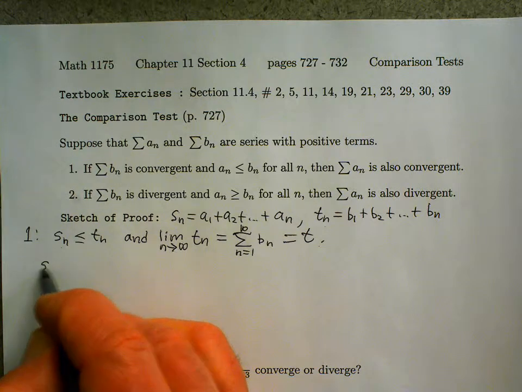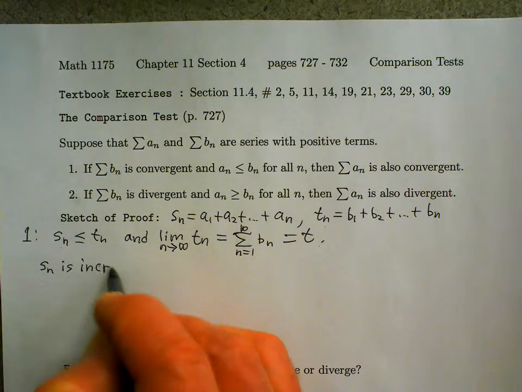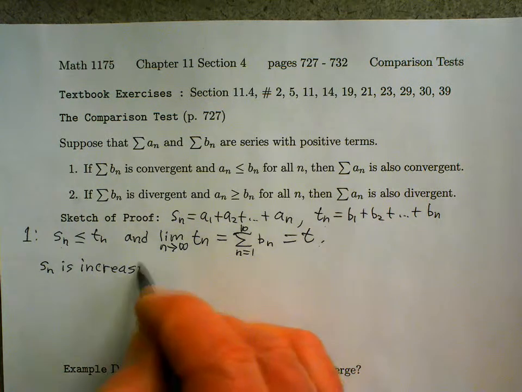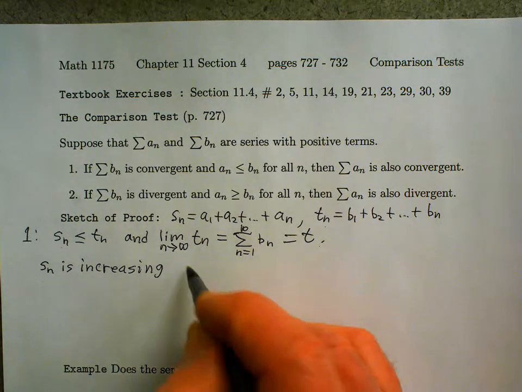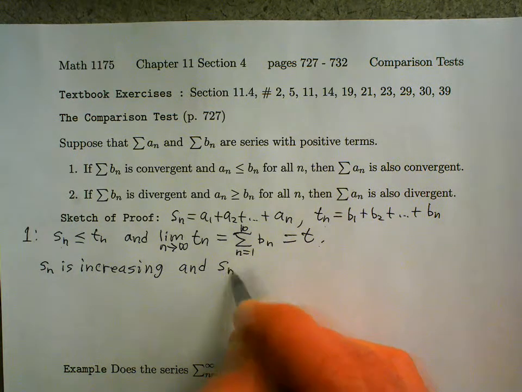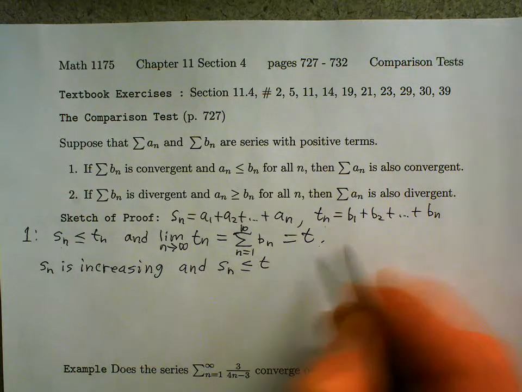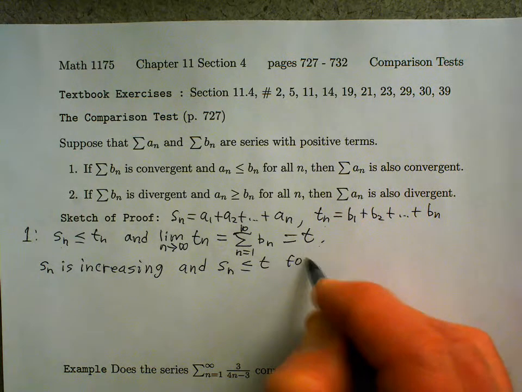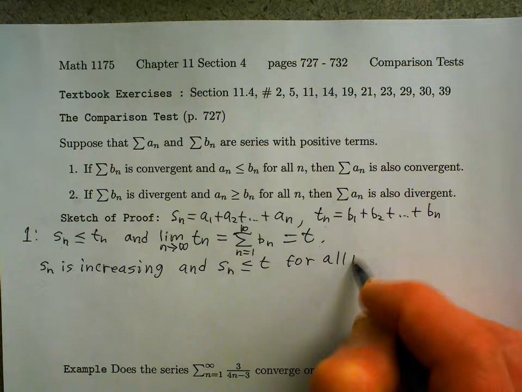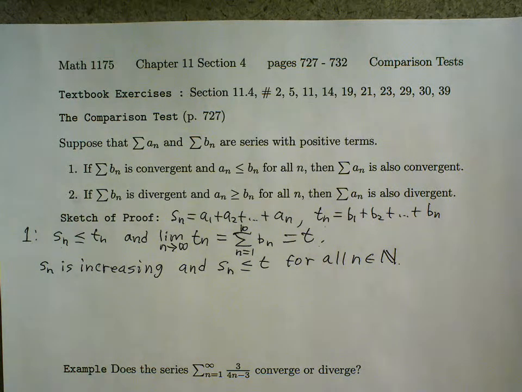So S sub n is increasing as n increases. And we also know that S sub n is less than or equal to t for all n, all natural numbers n, or all positive integers n.